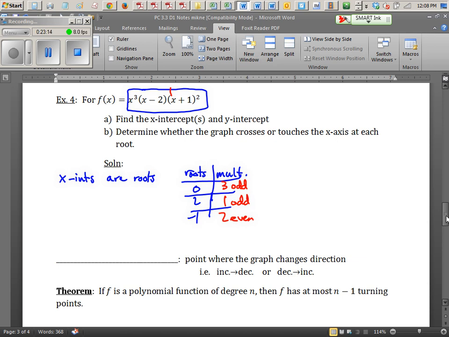Everyone agree that 2 is an even number? I hope you agree with that. Okay, this means that the graph will cross the x-axis at 0, cross the x-axis at 2, but only touch the x-axis at x equals negative 1.